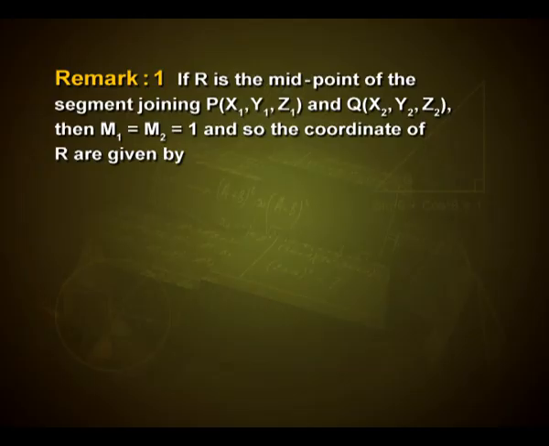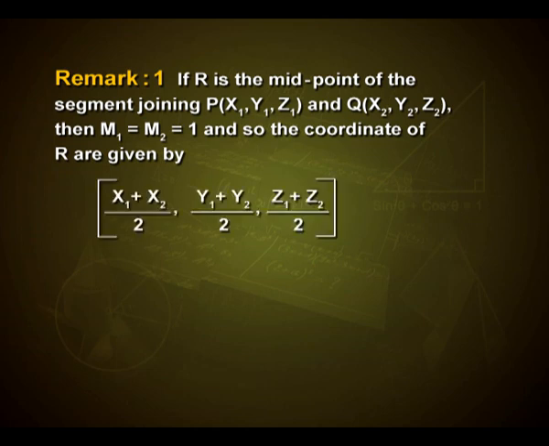If R is the midpoint of the segment joining P (x1, y1, z1) and Q (x2, y2, z2), then m1 = m2 = 1, and so the coordinates of R are given by ((x1 + x2)/2, (y1 + y2)/2, (z1 + z2)/2).